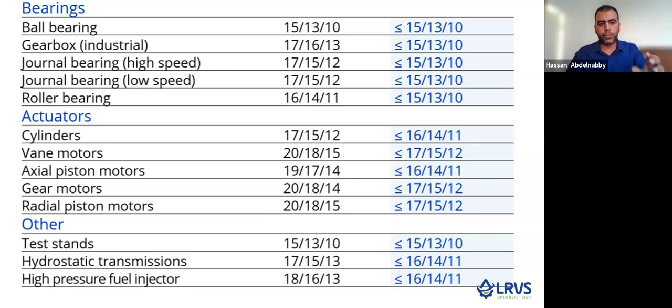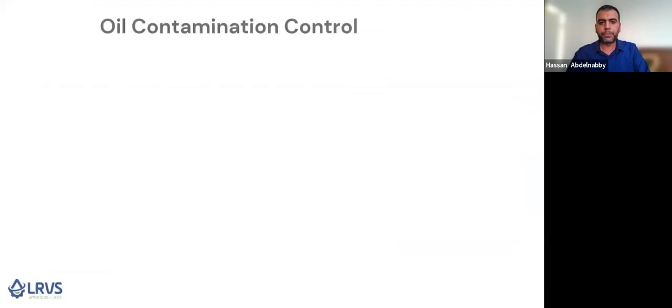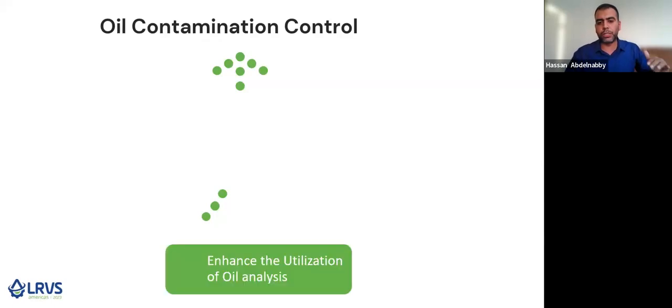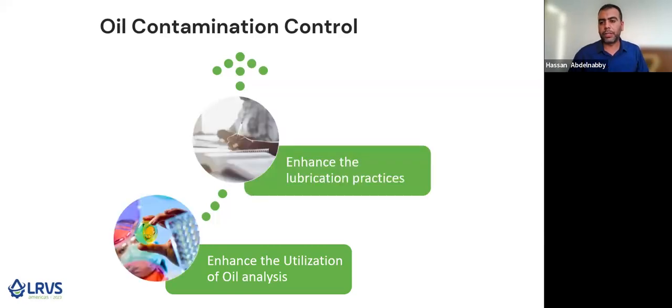So at the end of the day, from this slide, I just want to say, you need to clean your oils and you need to control this tank, because it's an asset at the end of the day. And if you treat it in a proper manner, it's going to give you the desired outcome from its application. So oil contamination control, from my point of view, is like a journey. Start with enhancing the utilization of oil analysis, but at the same time, try to enhance the lubrication practices.